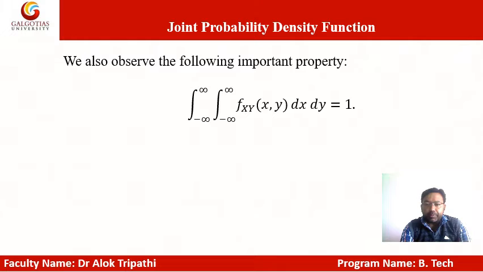One more important property of the joint probability density function is that when we integrate it over the whole range, it gives the value 1, since our total probability is all the time 1.